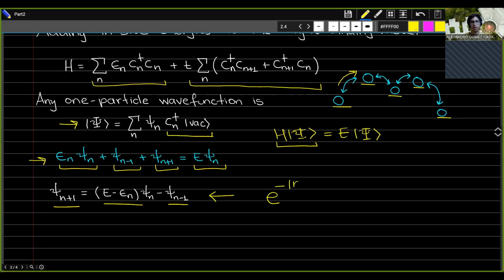Let's write it as n. So here is the relation. The coefficient for n is proportional to this exponential, which is negative, and this is for n to infinity, or big N, we have this exponential decay.